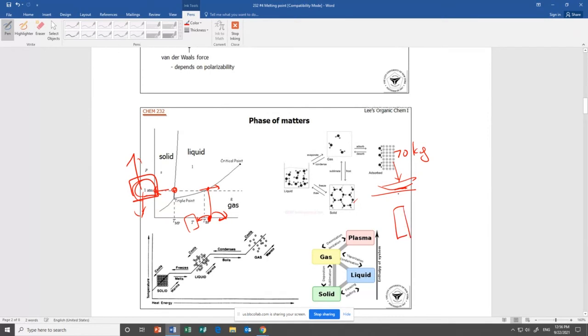So the knife is like what? 0.01 millimeter, I mean, it's smaller than that. So the area is really small. So 70 kilograms divided by whatever small square meter, it's going to come up with a very high pressure in pascals.